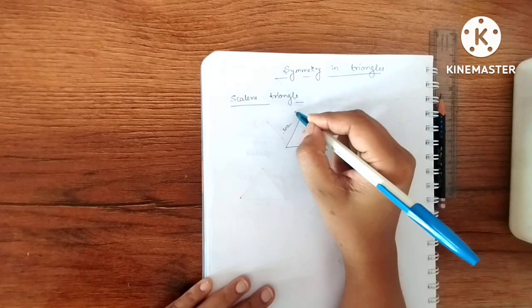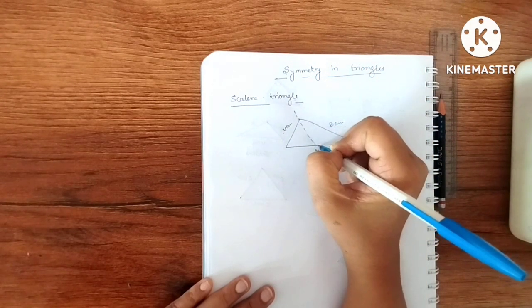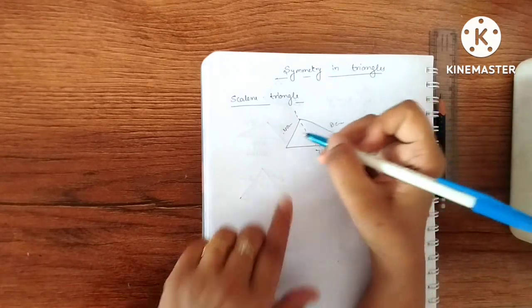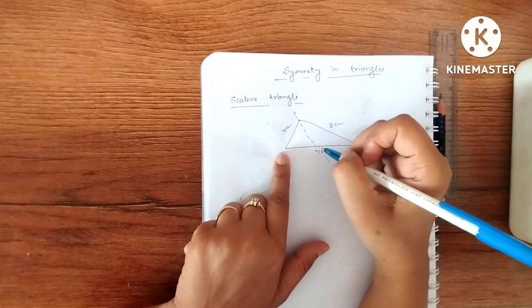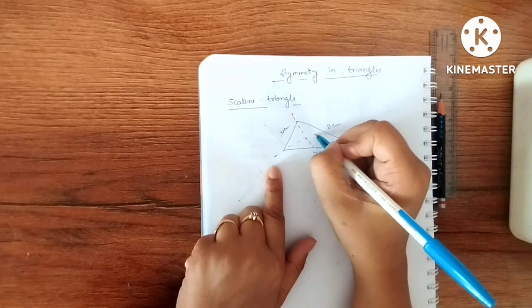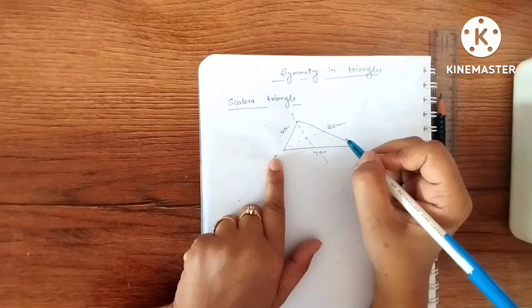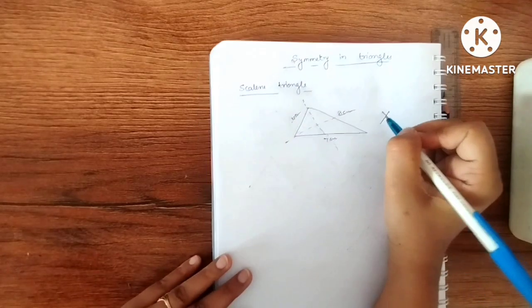So suppose you draw a symmetry line, can you see this shape is same as this shape? No. If you draw a line from here, is this shape same as this shape? No, it is not possible.